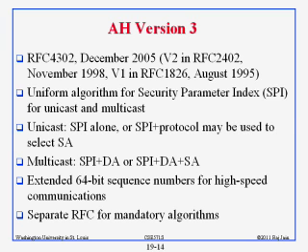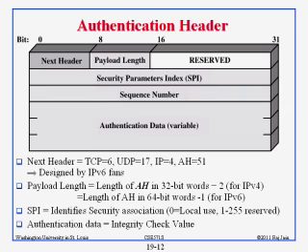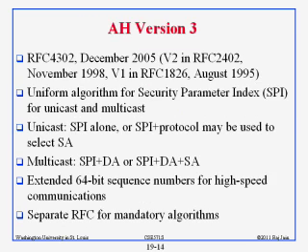Anyway, I don't know what uniform means, but basically they clarified exactly how to handle these SPIs. Extended 64-bit sequence numbers for high-speed communications. So the sequence number as shown in the previous slide was 32-bit. Now they allow you 64-bit, and I'm sure there is a bit in the header someplace which says whether it is 64 or 32.